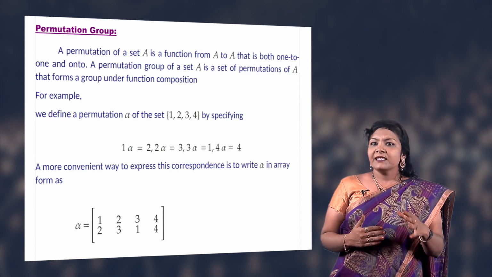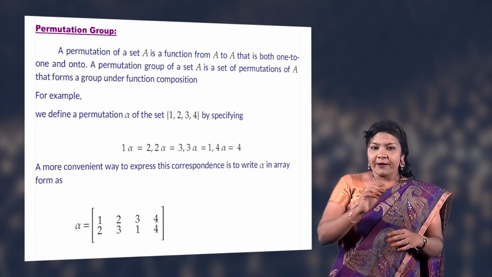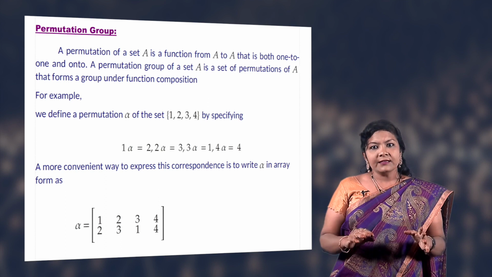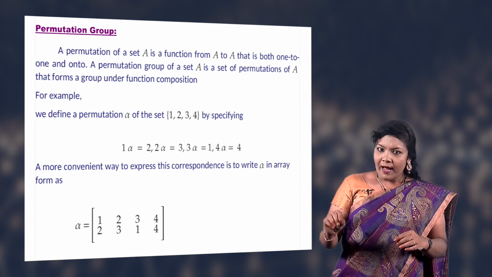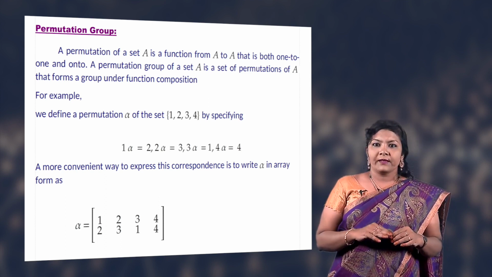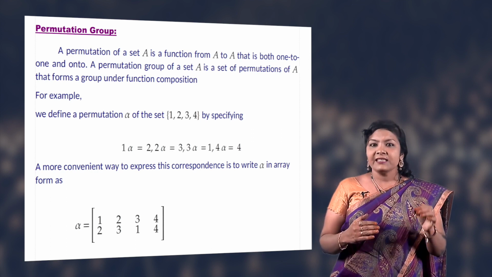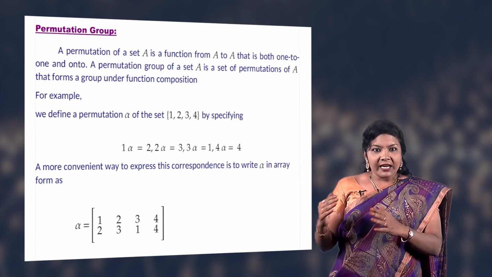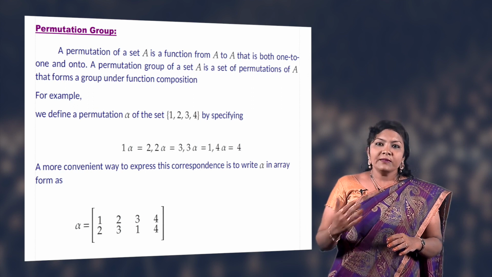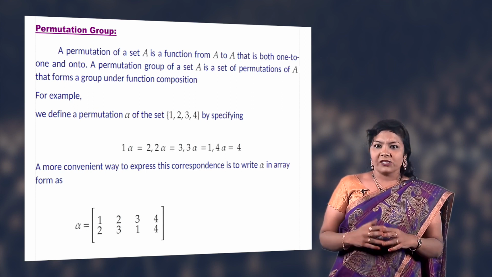What is permutation group? A permutation of a set A is a function from A to A that is both 1 to 1 and onto. A permutation group of a set A is a set of permutations of A that forms a group under function composition.